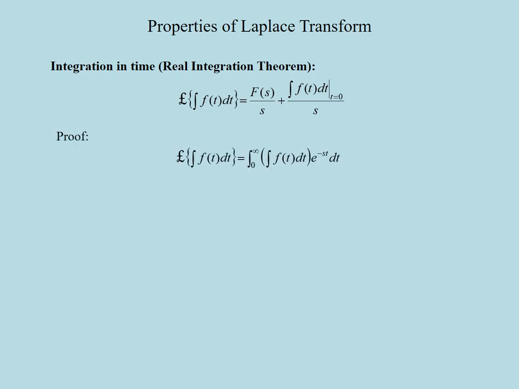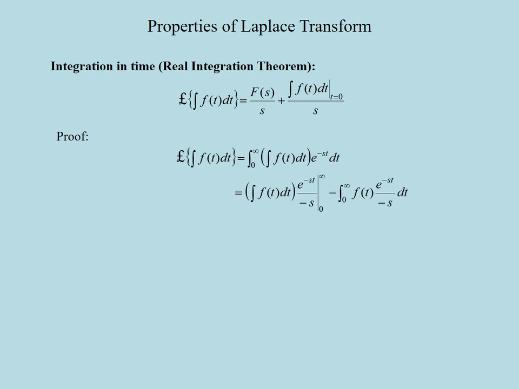To prove this, apply the Laplace integration formula to the integral of f of t. At this point, we are going to proceed by an integration by parts. Considering the integral of f of t as u and e to the minus st as v prime, we can write the integral in two terms.